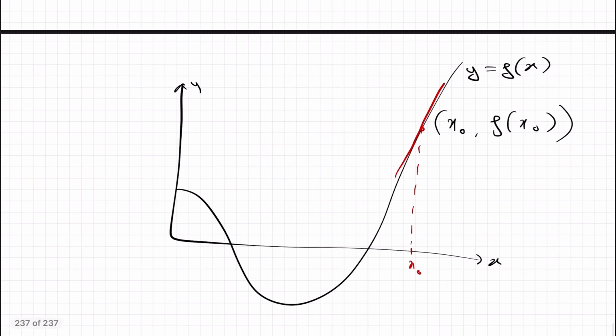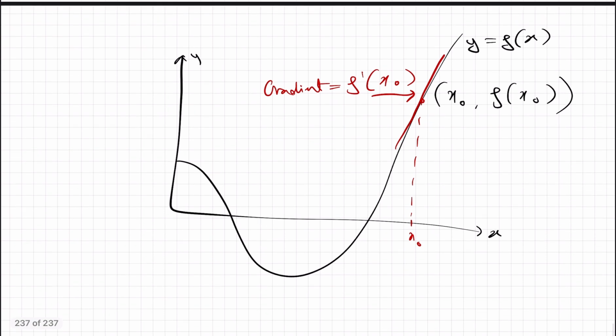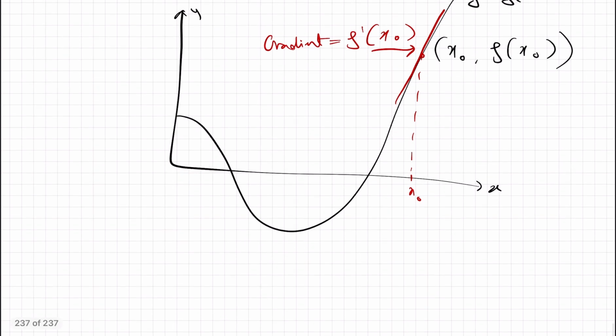So we know the gradient of this tangent is going to be equal to f dash of x0, because the gradient is defined as the derivative at that point. So that's what we have to do. The gradient of this is f dash of x0. Now using this, we have the gradient and we also have the point, and using just those two bits of information, we can work out the equation of that tangent.